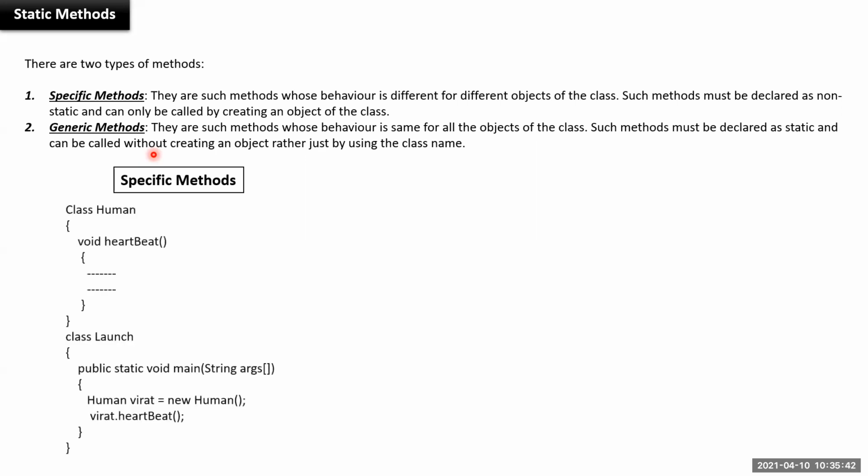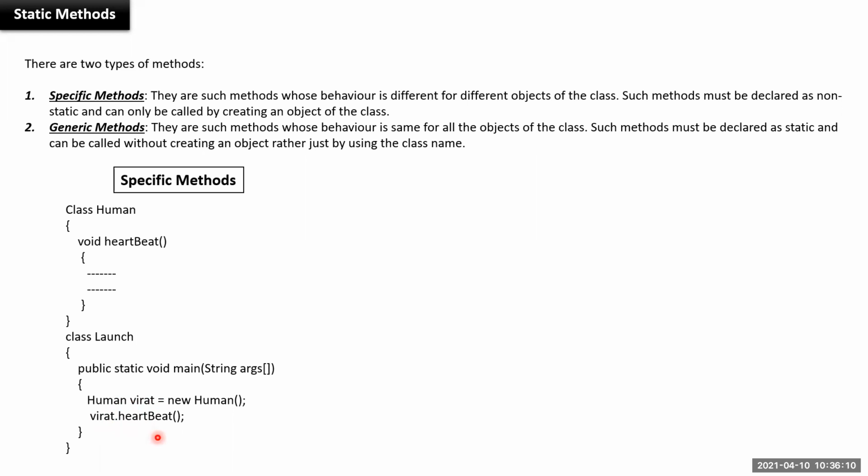Watch this example. I've written a class Human in which I've written void heartbeat. This heartbeat is a method which is specific to each object. If I create a Human object with the name Virat, I'm telling that I'm creating an object for Virat, so I'm being specific that I'm calling this method for Virat. I want to store the heartbeat of Virat here.